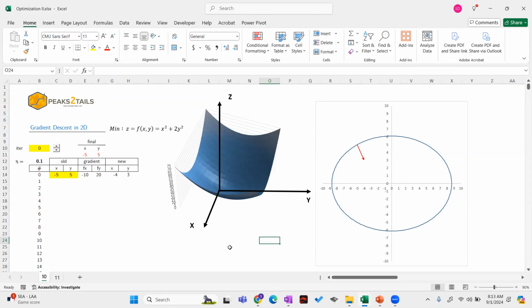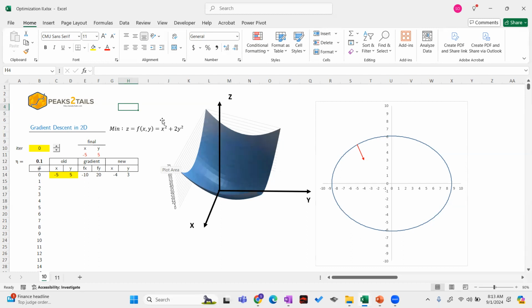Actually, we did an example using a circle, if you remember, but that's true in general. So here let's look at gradient descent in 2D. This is our function z equals f of x, y, x square plus 2y square. The surface looks like this. This is the plot of x square plus 2y square. Where is the minimum, guys? It's very easy to see without doing any maths.